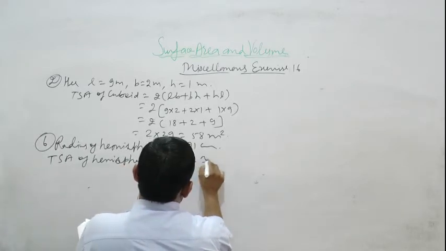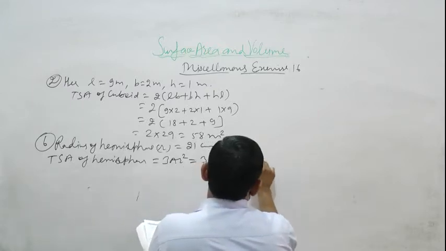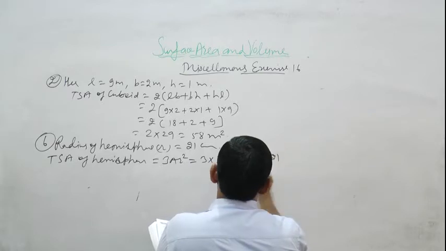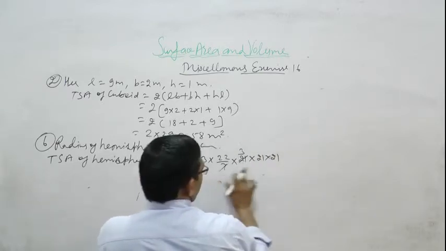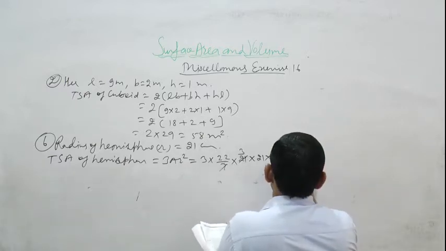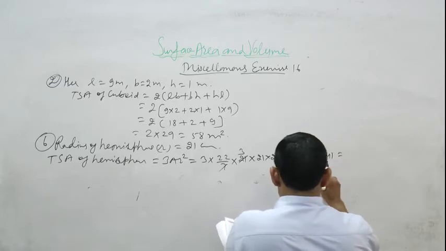3 pi r square is equal to 3 into 22/7 into 21 multiplied by 21. Then 7 threes are 21, 22 threes are 66, multiplied by 3 into 21.